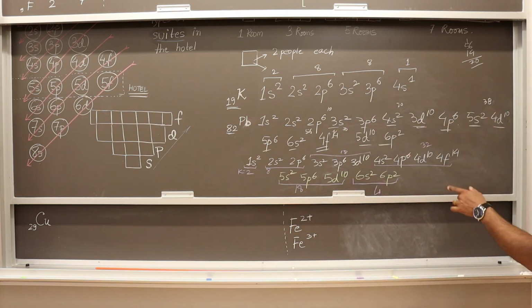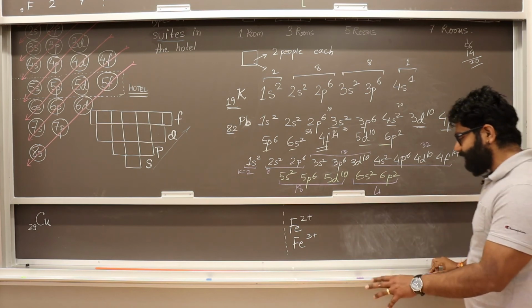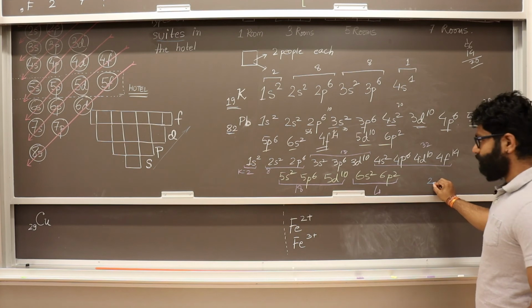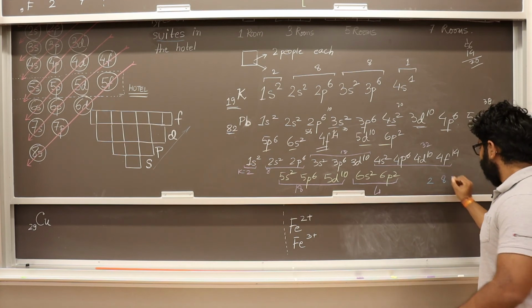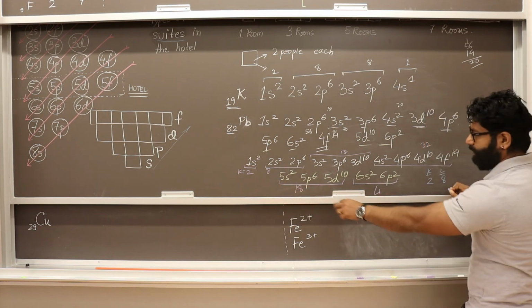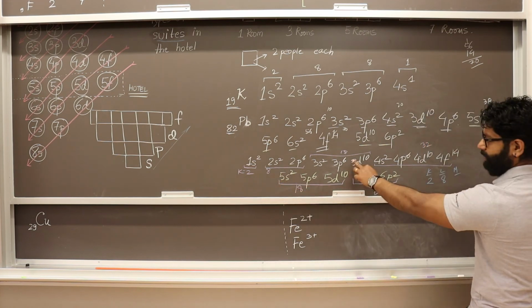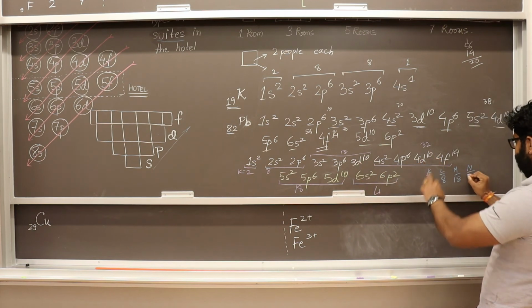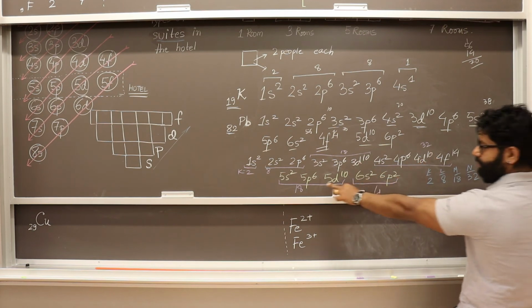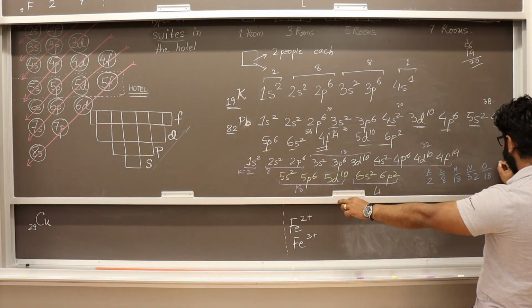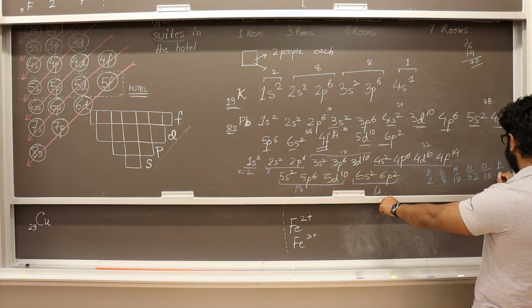So what is the configuration that you get finally? You get 2, 8, so this is K, this is L, M is 18, N is 32, O is 18, and P is 4.